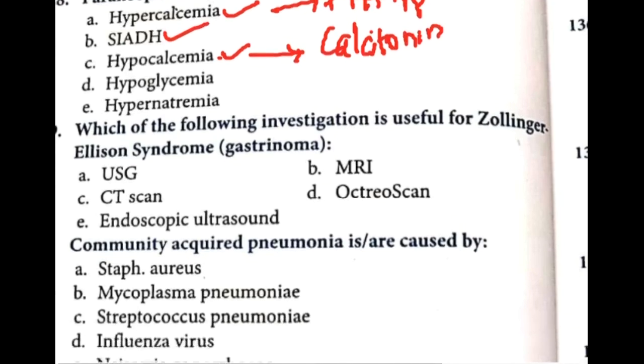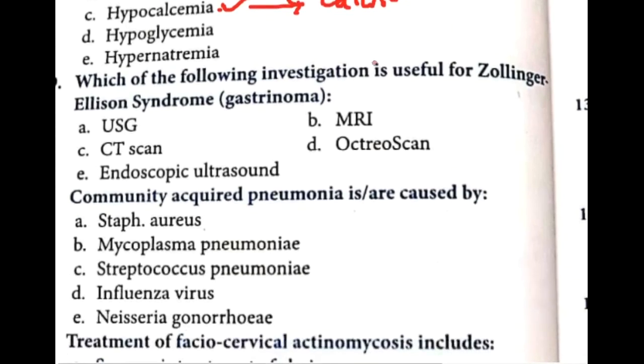Which of the following investigations are useful for Zollinger-Ellison syndrome or gastrinoma? Octreoscan. For Zollinger-Ellison syndrome, octreoscan is actually the best investigation. Along with that, USG, CT, MRI, and even endoscopic ultrasonography are also useful for Zollinger-Ellison syndrome or gastrinoma. Next question.